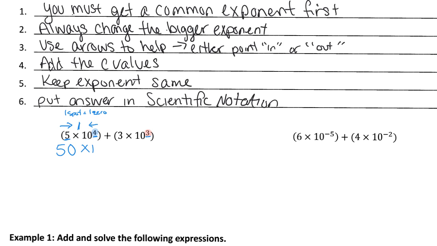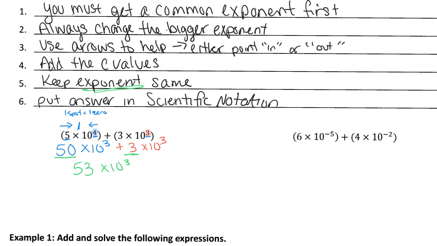And now that's going to become 10 to the third, and we're adding 3 times 10 to the third. Now that we have common exponents, we're going to just add up our whole numbers. So 50 plus 3 is 53. We keep our exponents.